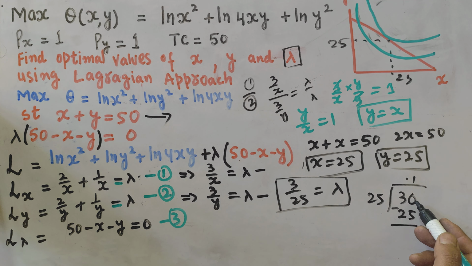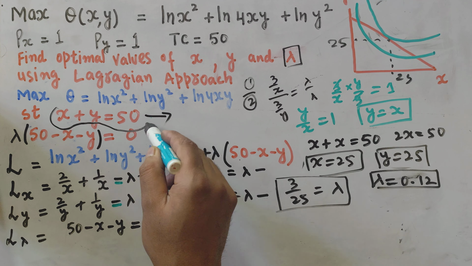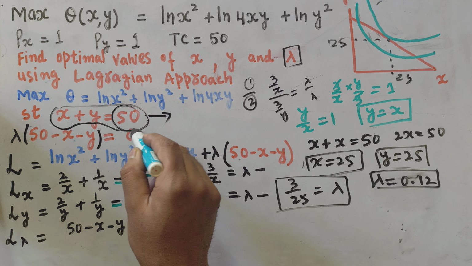So what exactly is meant by this? The value of lambda simply tells us how much our output will increase when there is change in the constant of the constraint function. Okay, how our objective function will change when there is change in the constant of the constraint function. So what is the constant in the constraint function? That is this cost function.